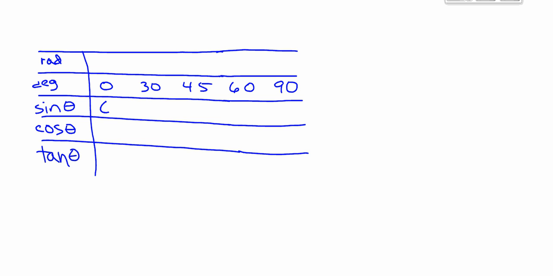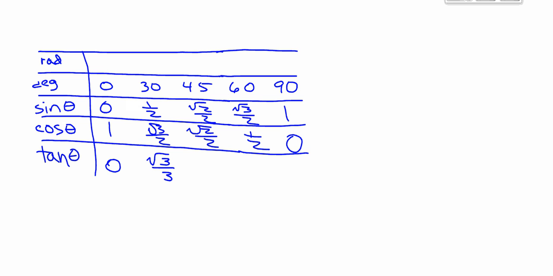And sine is 0, 1/2, square root of 2 over 2, square root of 3 over 2, 1. Cosine is the reverse. Tangent, sine over cosine: 0, 1 over the square root of 3, which is the square root of 3 over 3, 1, square root of 3, undefined.